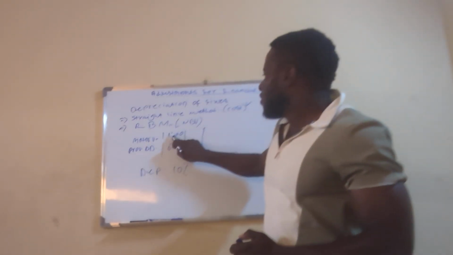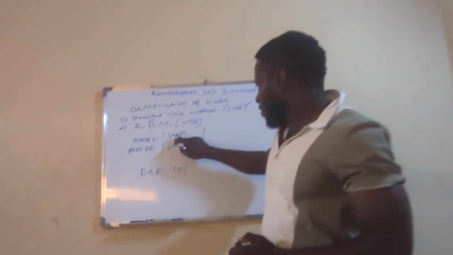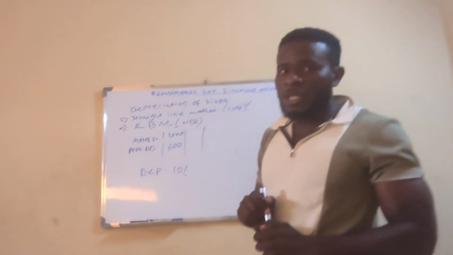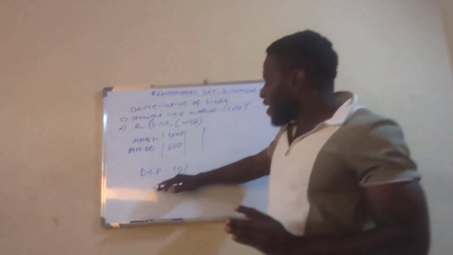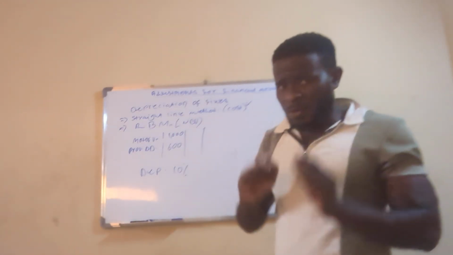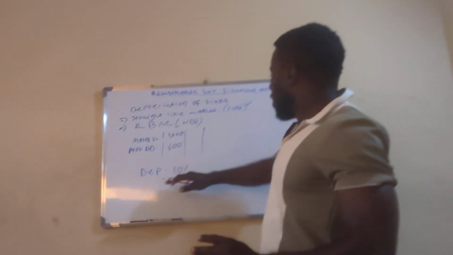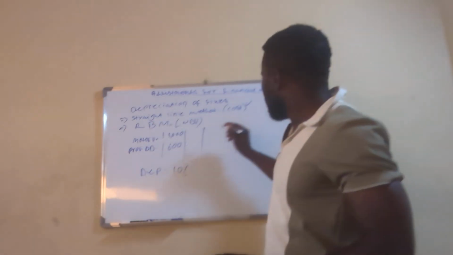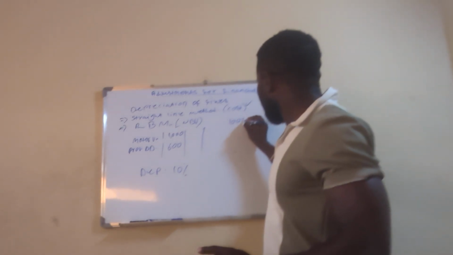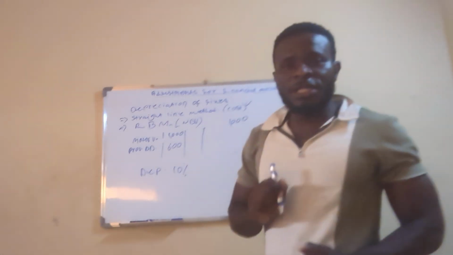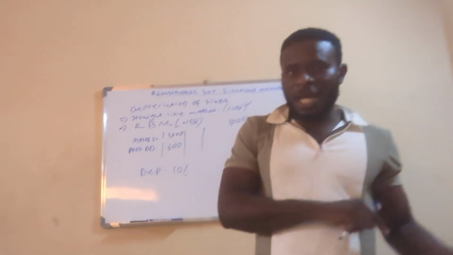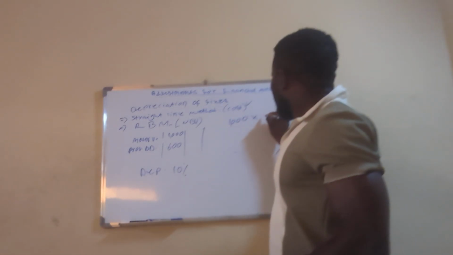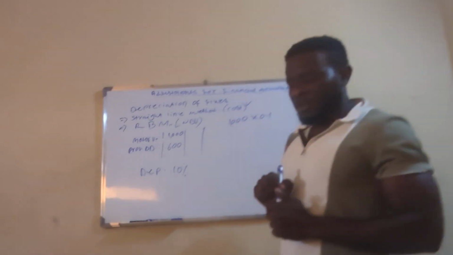Now under the straight line method, this motor vehicle, this 1,000, is what is known as the cost. This 10% will be calculated on the cost. So when you are calculating depreciation using the straight line method, you simply get this 1,000, the cost at which this thing was purchased, and multiply it by the 10%.